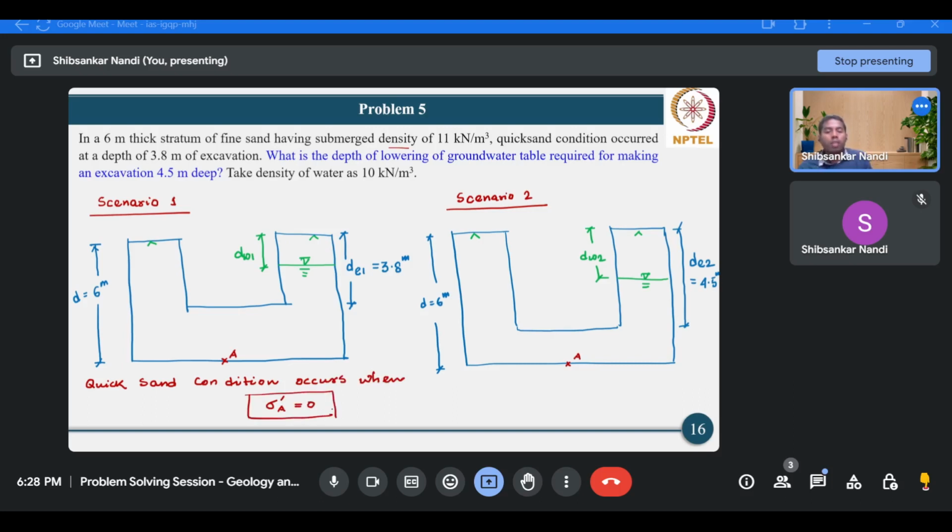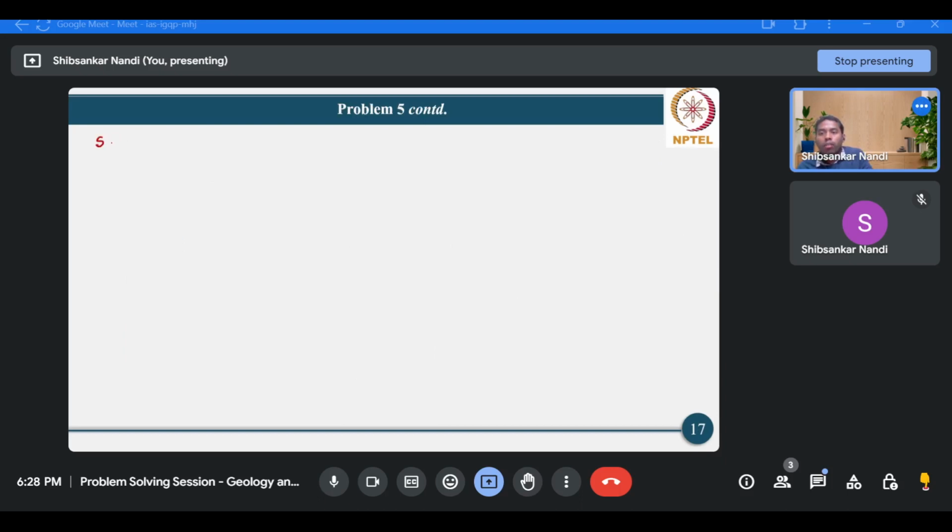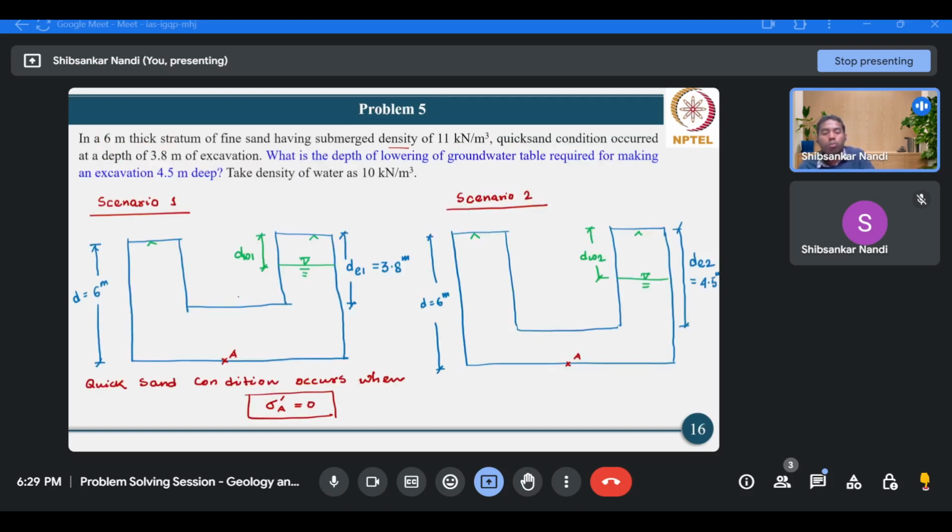Now we have to first calculate the sigma prime at point A for both the scenarios, scenario 1 and scenario 2. For scenario 1, the sigma A prime would be total stress minus the pore water pressure at that level. So what is the total stress?